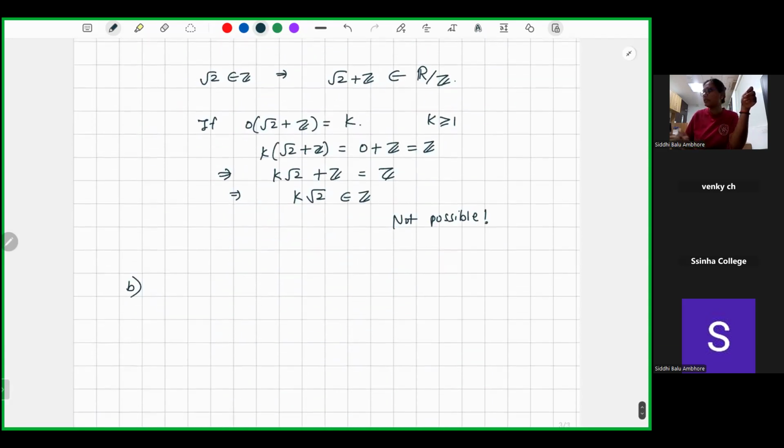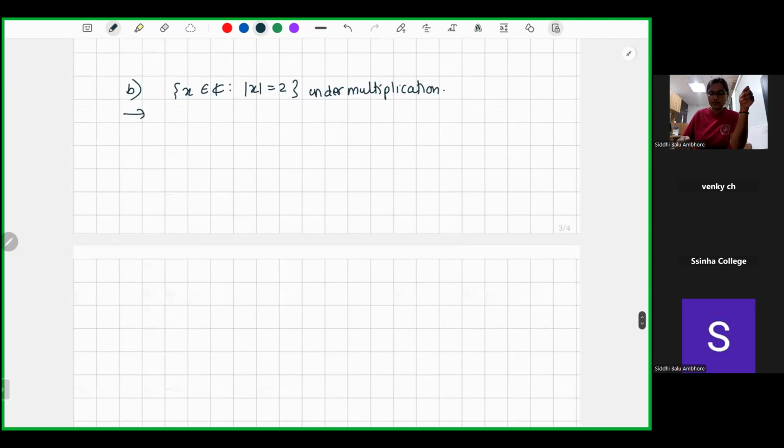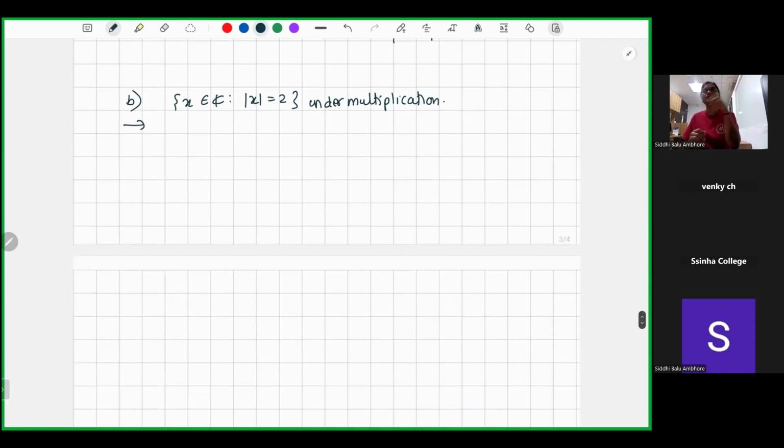Now B. So first of all, B is this set, such that mod X is 2, under multiplication. Is this a group first of all? Is this even a group? Mod X is equal to 2. Is this a group?